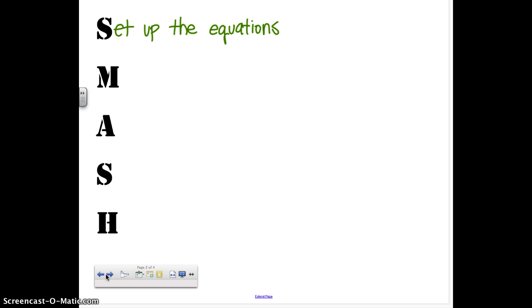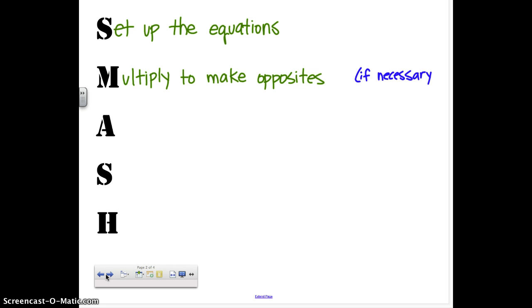Okay, then M, multiply to make opposites. If necessary, this isn't always necessary. Sometimes you'll multiply 1, sometimes you'll multiply 2 of the equations, and sometimes you won't have to multiply any at all.